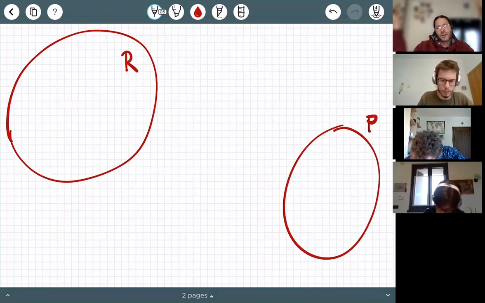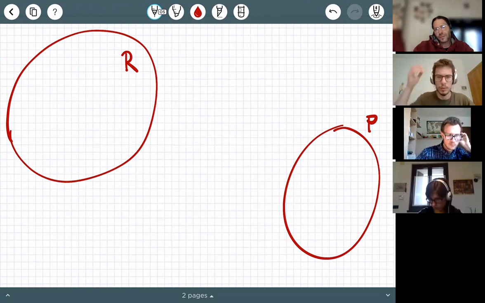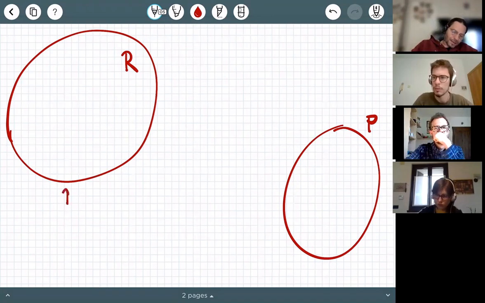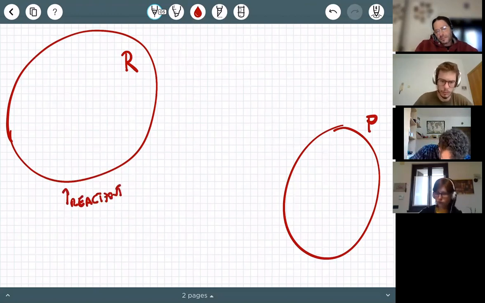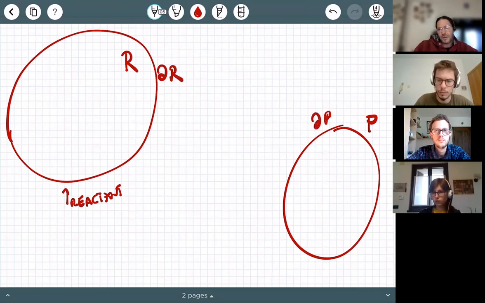So the hypersurface is a 3N minus 1 dimensional surface, which, as in Gauss theorem, embodies a volume of configuration space, which I will denote with R. And this stands for reactant. Then I do the same with the product, and the surfaces will be called with this symbol, partial R and partial P, which denote the enclosing surfaces. Okay?